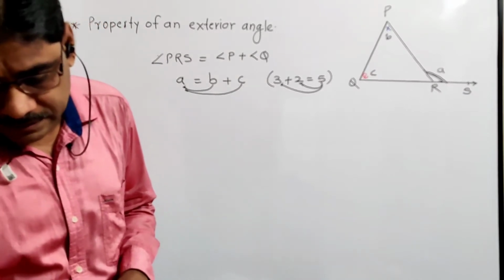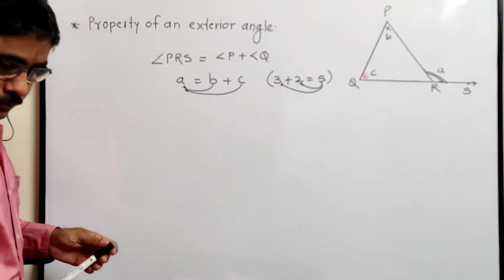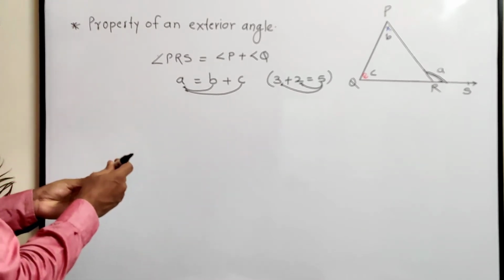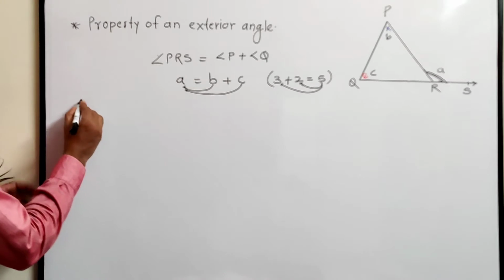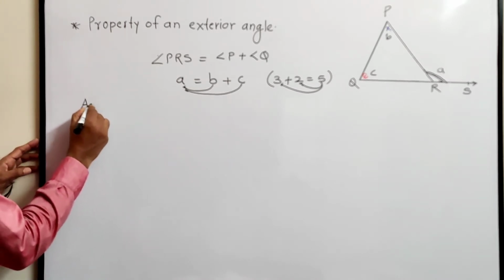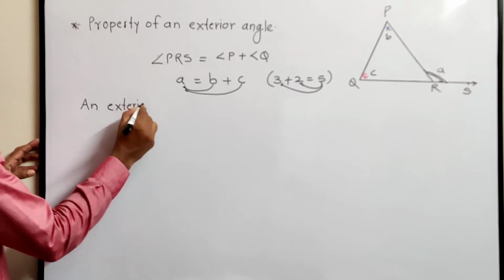So that is the property of the exterior angle. Write that property; we have to use this property while solving the sums.